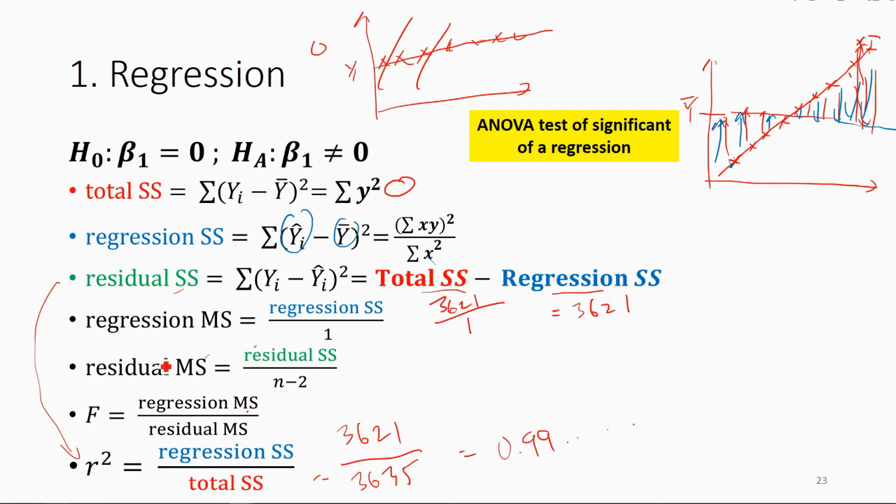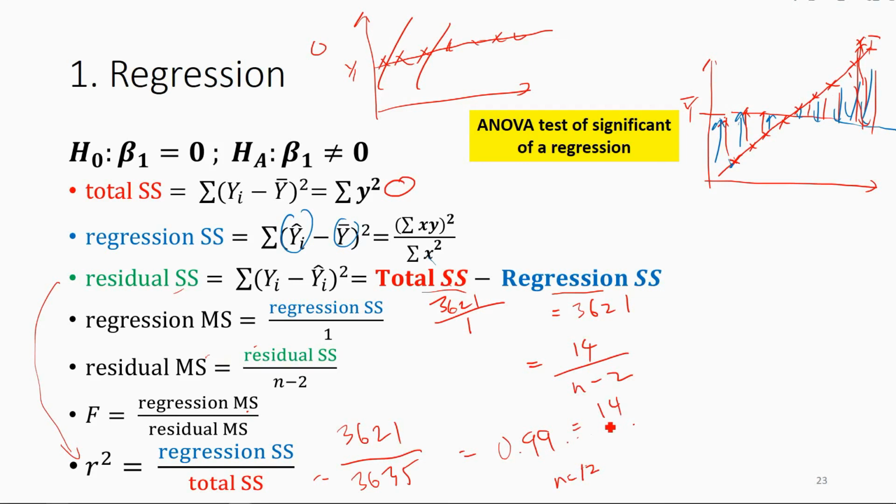Then we calculate the residual mean square. Let's say the difference is 14, and 14 divided by n minus 2. Let's say n is 12, easy.